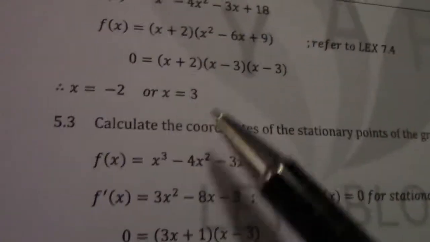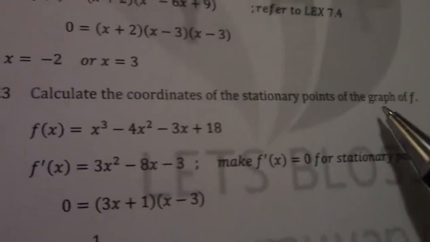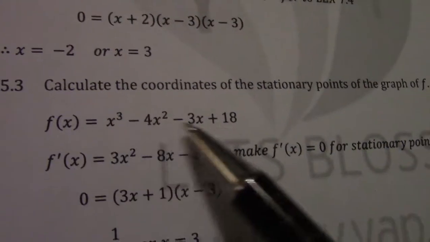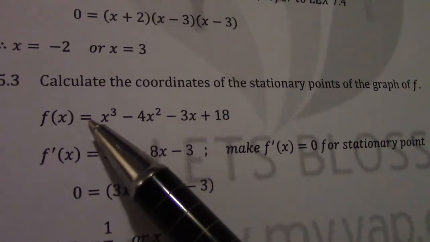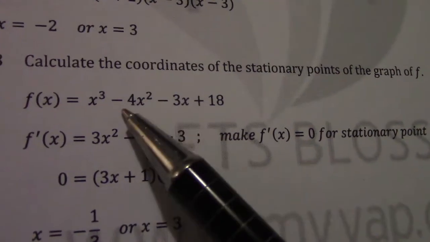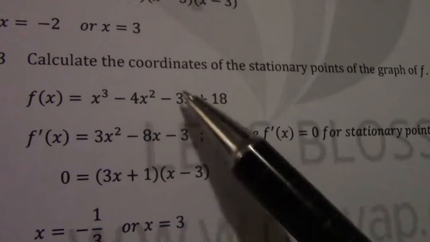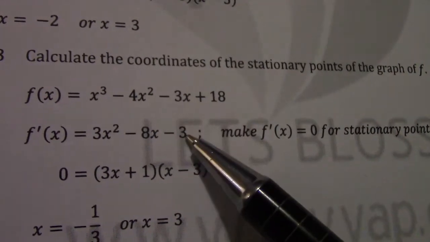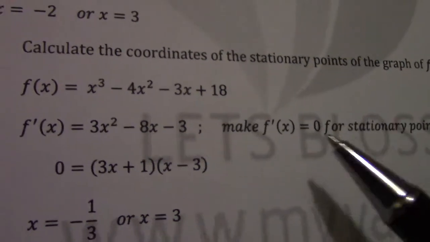So number 3, calculate the coordinates of the stationary points. To get the stationary points, I take my equation and find the first derivative. 3 times 1 stays 3, 3 minus 1 becomes 2, 2 times negative 4 becomes negative 8, 2 minus 1 becomes 1, 1 times negative 3 becomes negative 3. Remember, the first derivative of a constant is always 0.